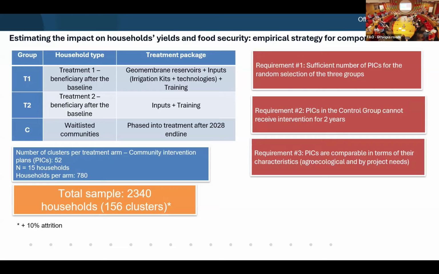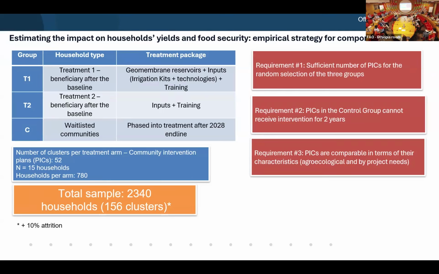So waiting for 2 years might be a challenge. All right. So actually, during the process of the cluster formation, what we call here PICS, which is Planes de Intervenciones Comunitarias, community intervention plans, communities want to start, want to engage. So entering into the project, waiting for 2 years is an issue.